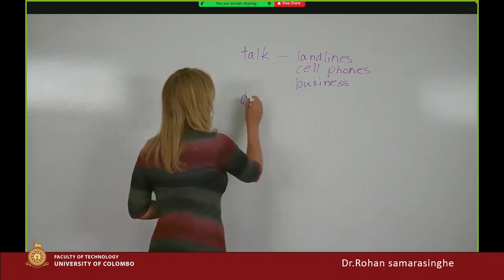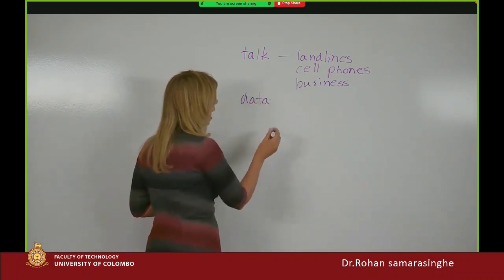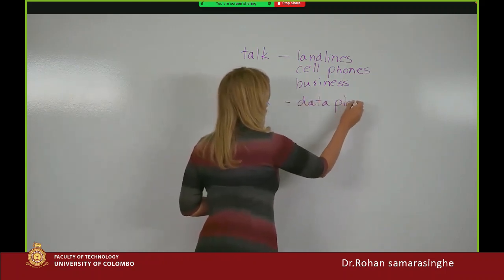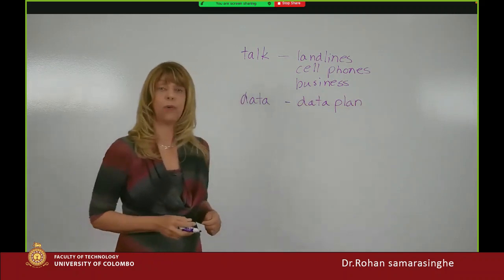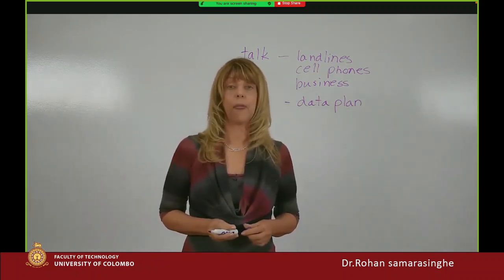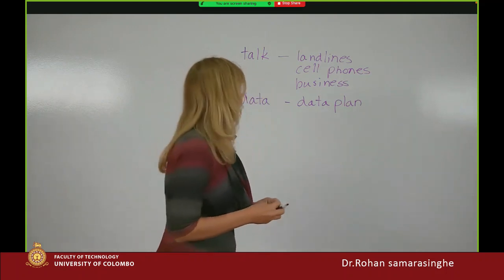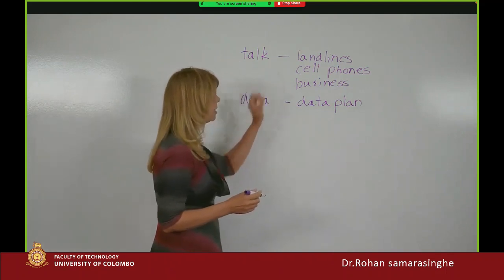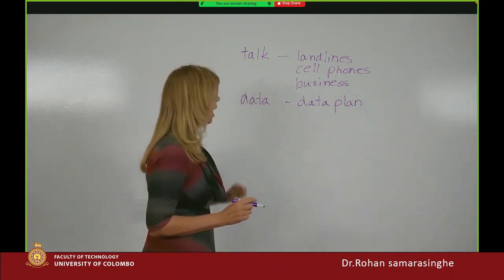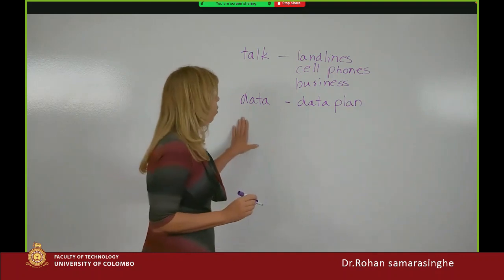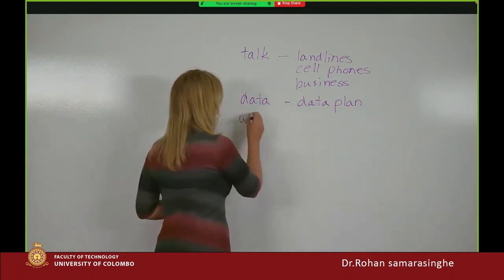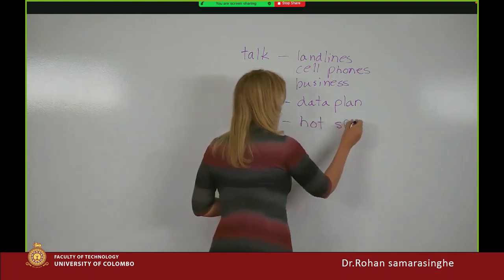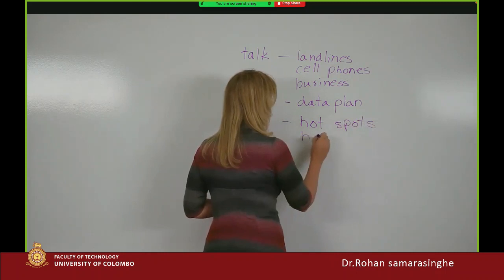Then we also do data. This is the kind of data that we use our data plan for, when we're looking up something on our cell phone when we're not near a regular Wi-Fi network. So we have the data plan network, which uses the cell phone infrastructure to access the internet. We also have Wi-Fi. We use hotspots, and usually we also have a home wireless network.